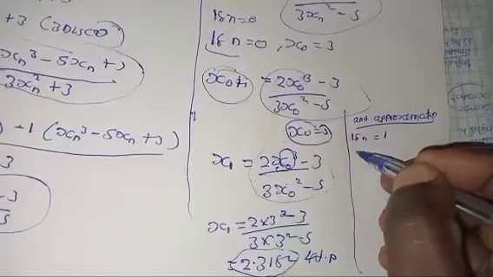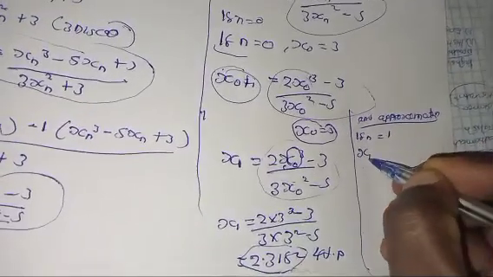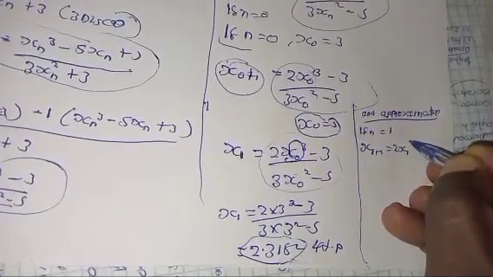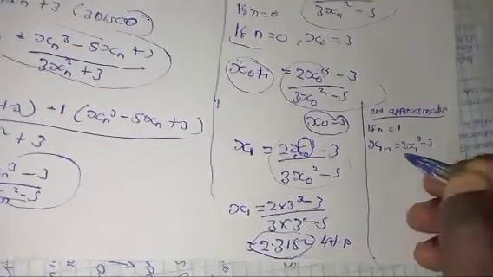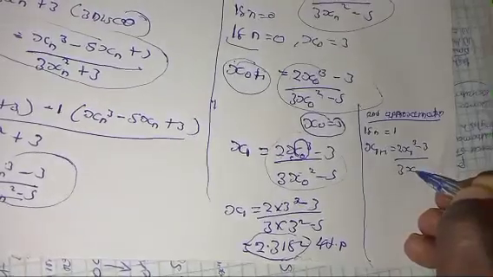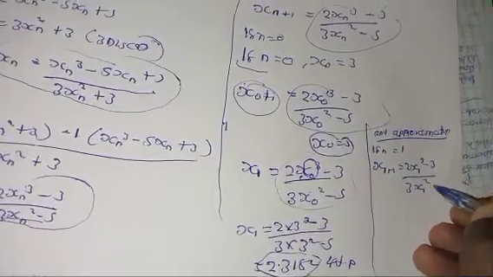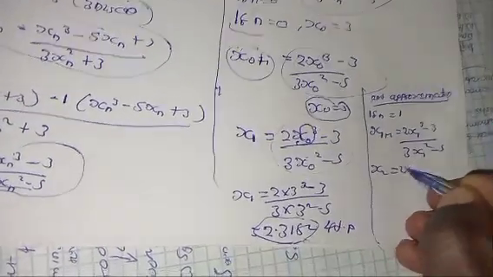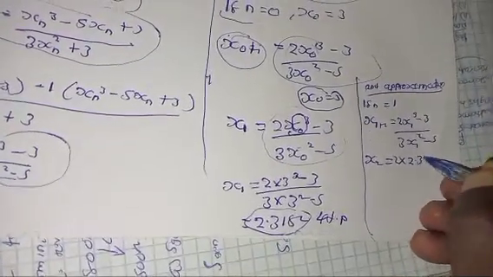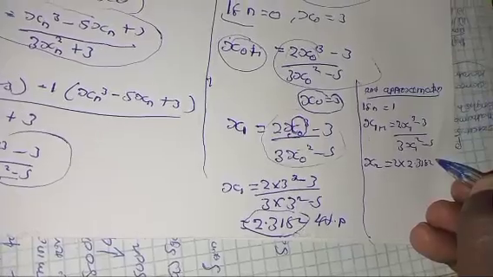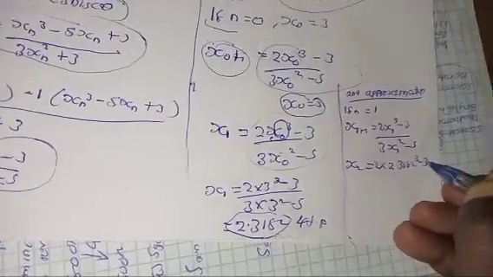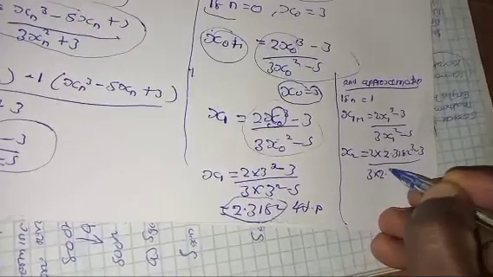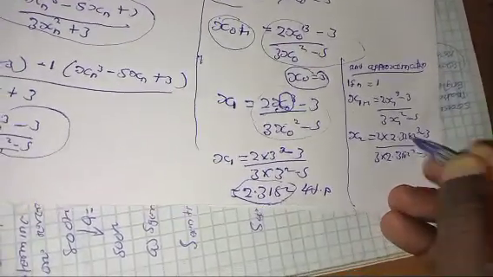You substitute: x_2 is equals to 2x_1 cubed minus 3 all over 3x_1 squared minus 5. So x_2 is equals to 2 times 2.3182 cubed minus 3 all over 3 times 2.3182 squared minus 5. You find that one.